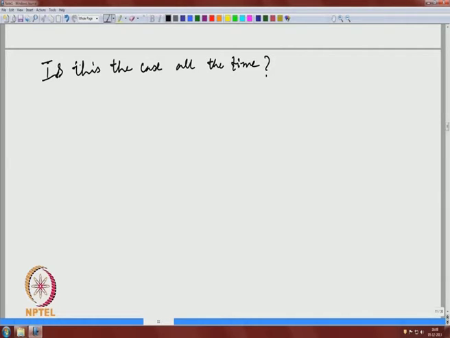So, these two I will just mention and we will discuss maybe next time. So, these are Perron's theorem and Hartman-Grobman theorem.